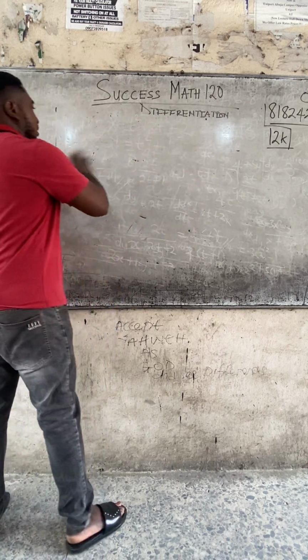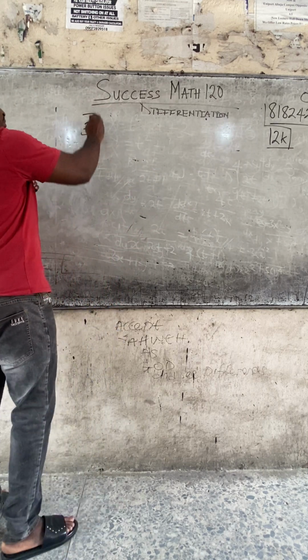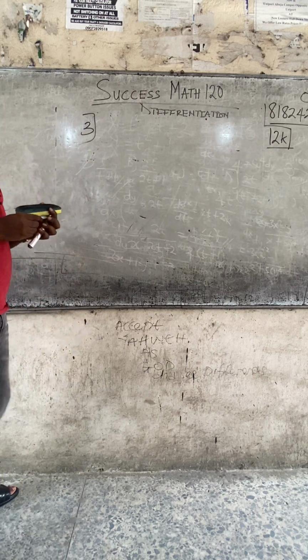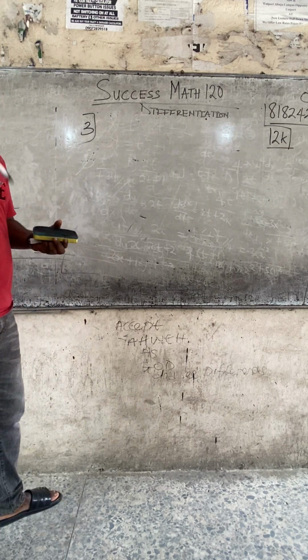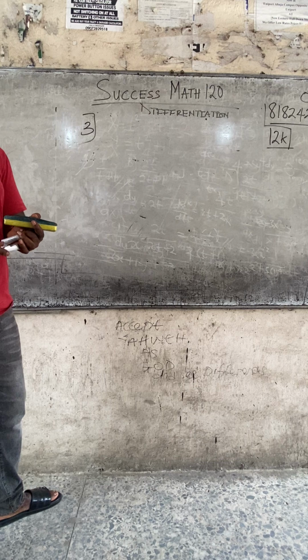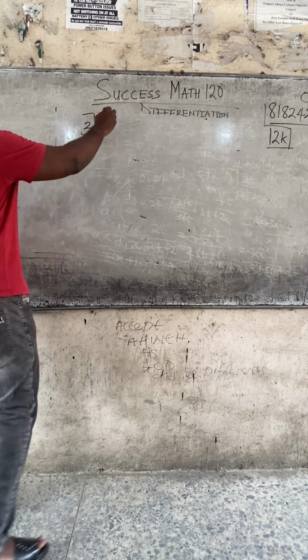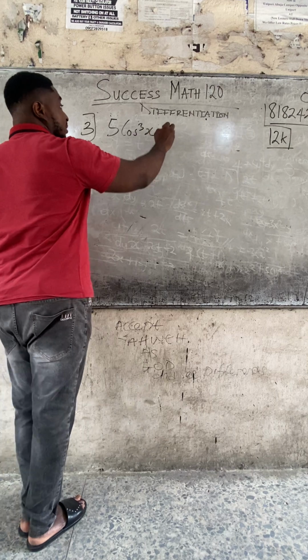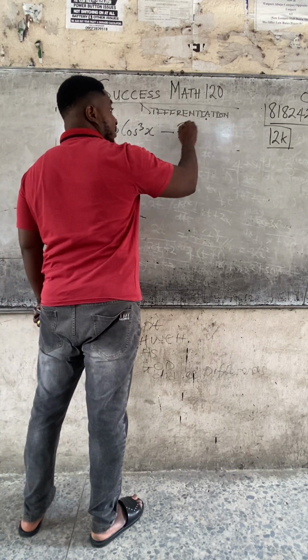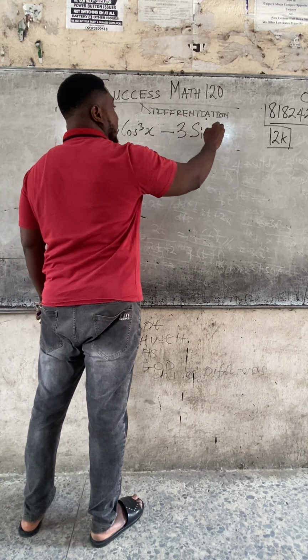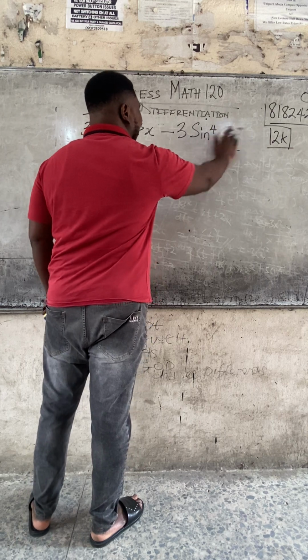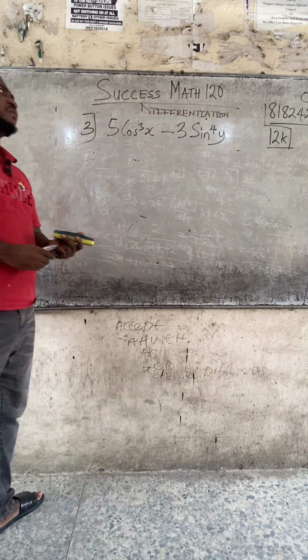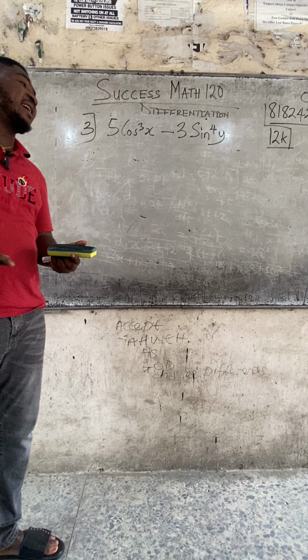Class, give me the number 3 question. Find what? 5 cos cube x minus 3 sine raised to power 4y.